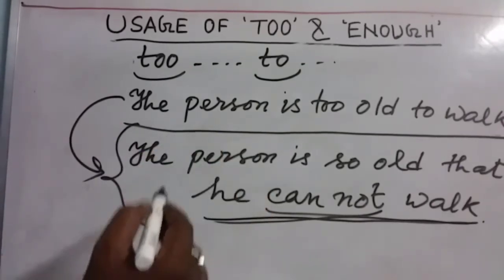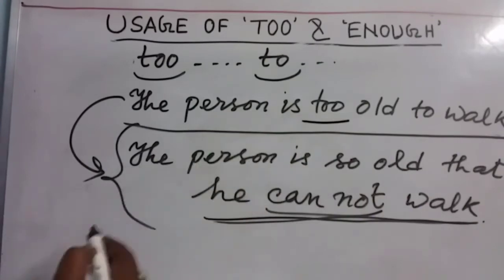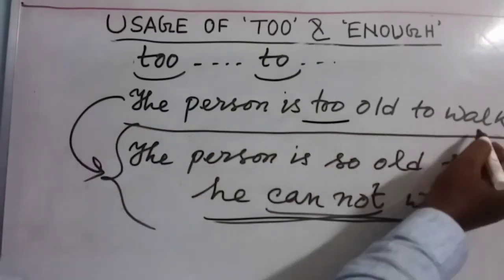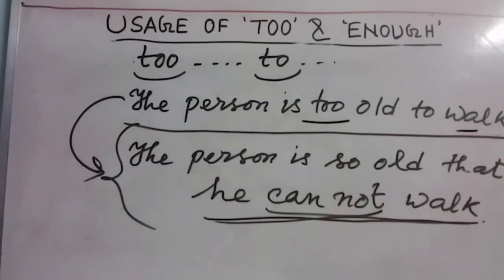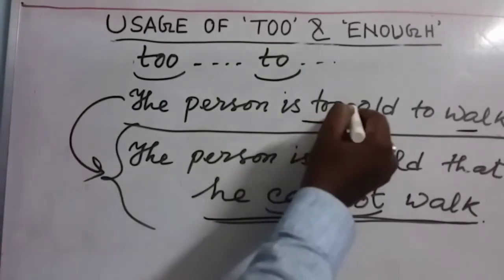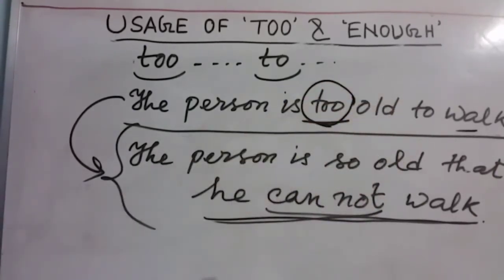But here we can write it this way: the person is too old to walk. So my dear friends, I think it's clear that "too" is completely a negative term.